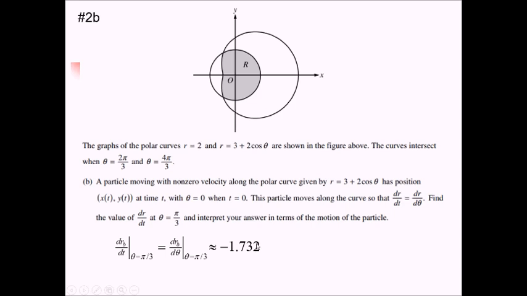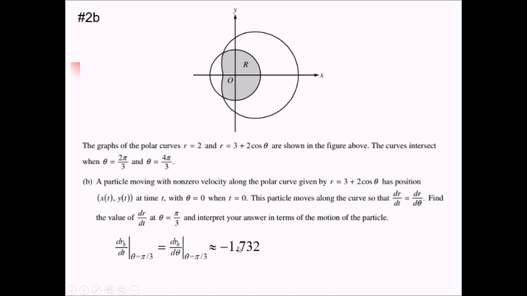Does that mean that we are getting less distance away from the curve or from the origin? Are we getting closer to the origin? You would think so with a negative rate of change, but you always have to check to see if the r value itself is positive or negative here. If the r value is already negative and we have a negative rate of change, well, that means you're just going backwards farther away from the origin. So let's check out the r value now.